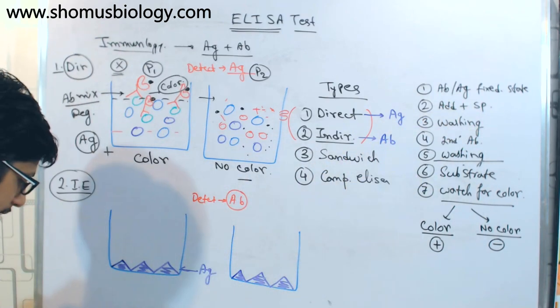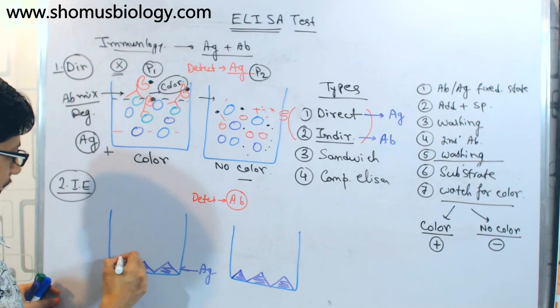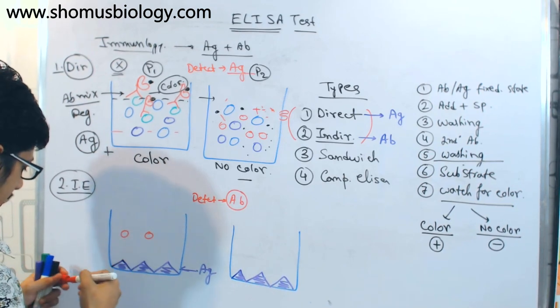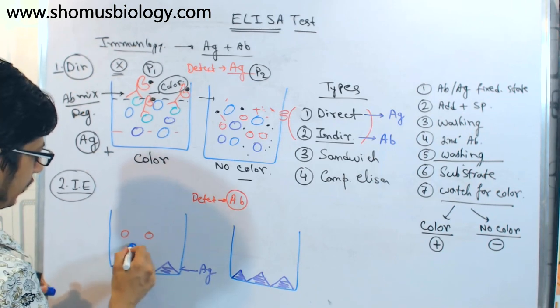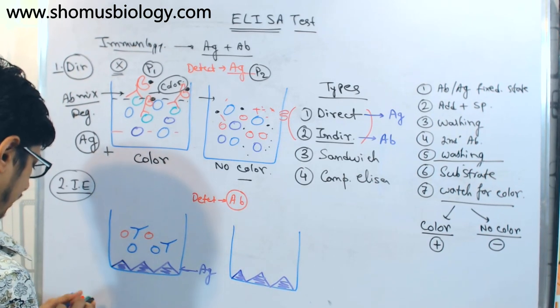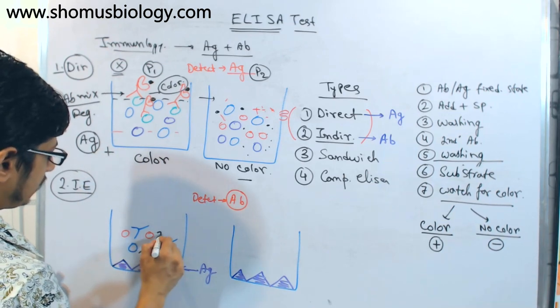Let's add the specimen. Let's assume the specimen contains so many different things, so many different proteins. What we are trying to detect here, let's say there are different antibodies present in this medium.